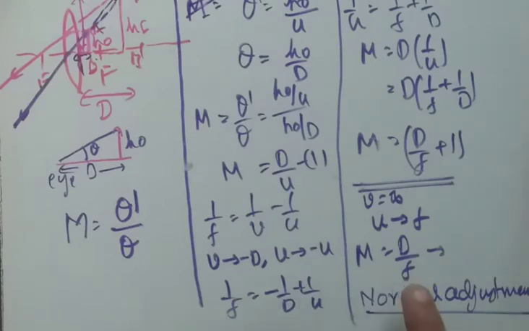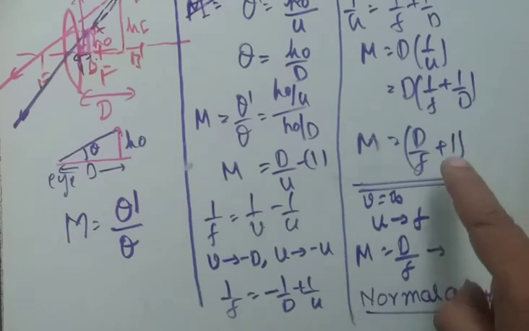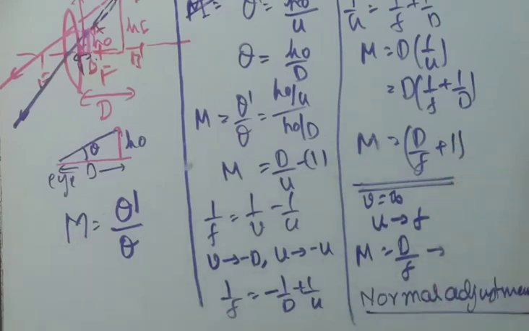So compare the magnifying power at normal adjustment, that is at infinity, to the least distance of distinct image formation. Only one is different, therefore to lessen the strain on the eye, it is better always to adjust the microscope to be at normal adjustment, that is the final image at infinity.